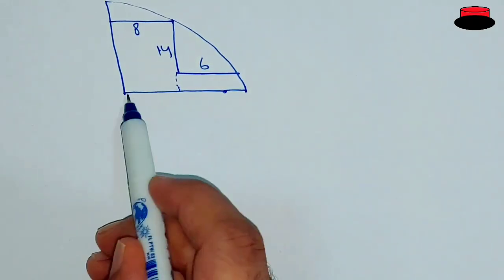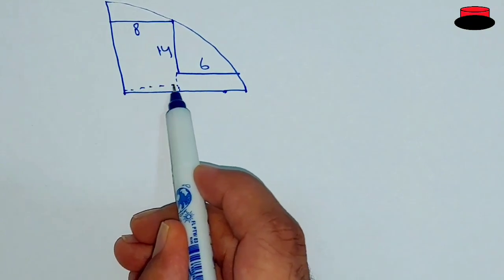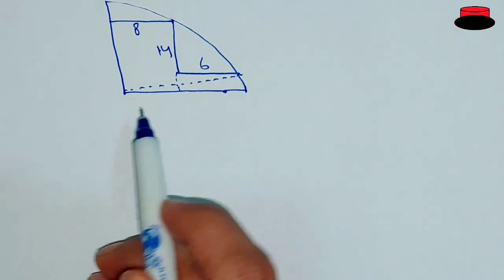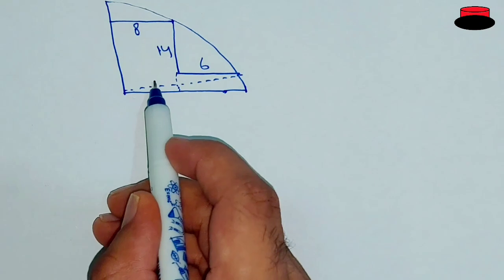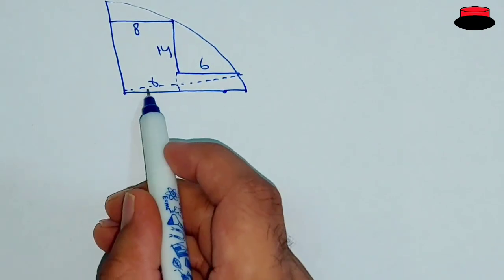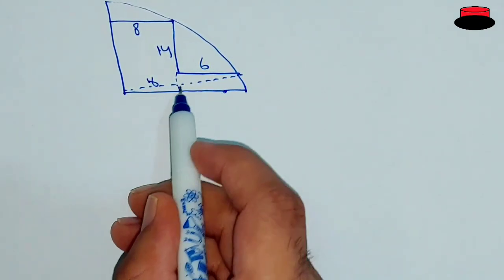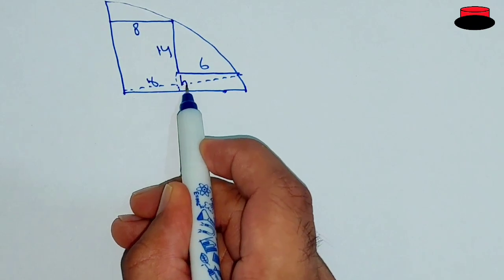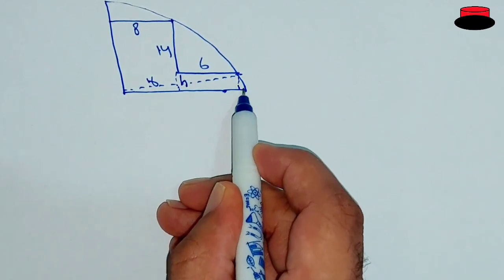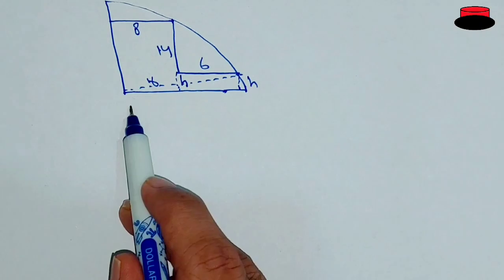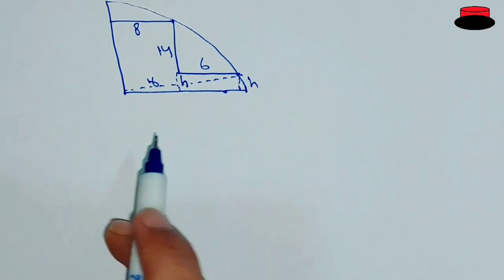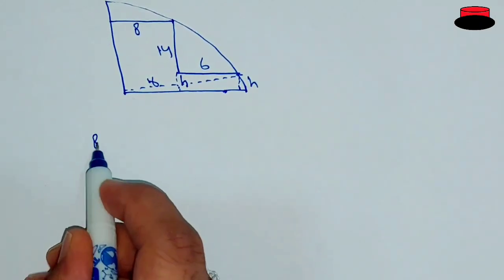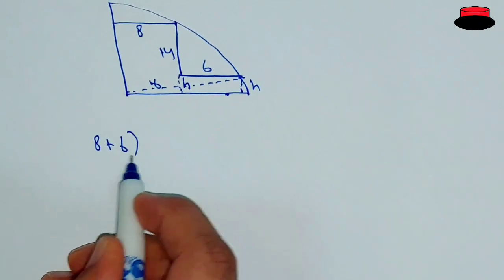Again we have the same figure, and this time we are going to find out the radius from this, and this is the radius r. We are working over this right angle triangle, and this is h, equivalent to that line. Now here we are doing the same thing.